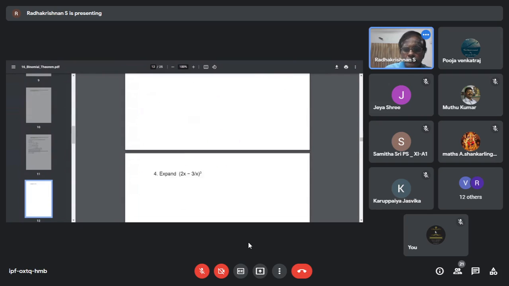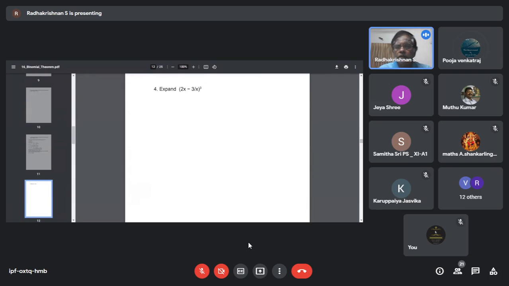2 is bigger, yeah. So if I do the general expansion of 2x minus 3 by x the whole cube, you can do this easily.